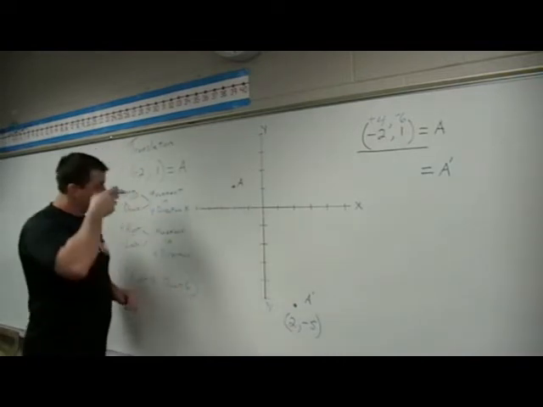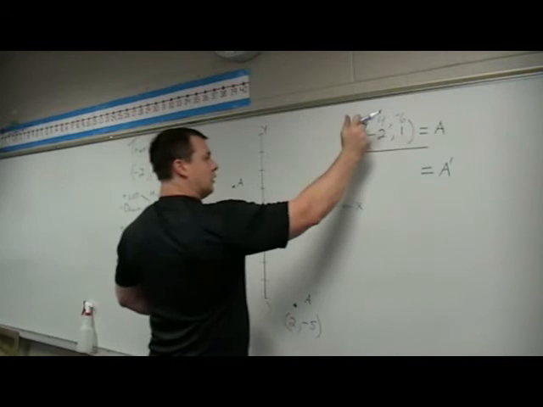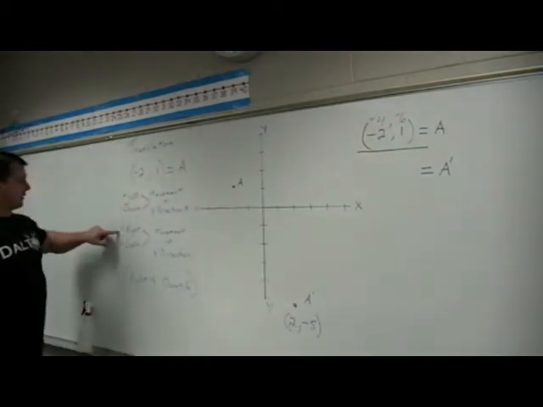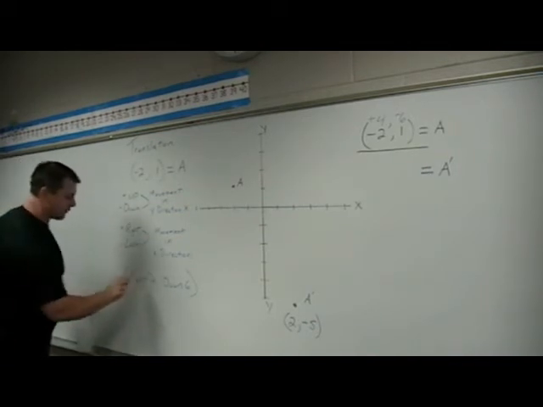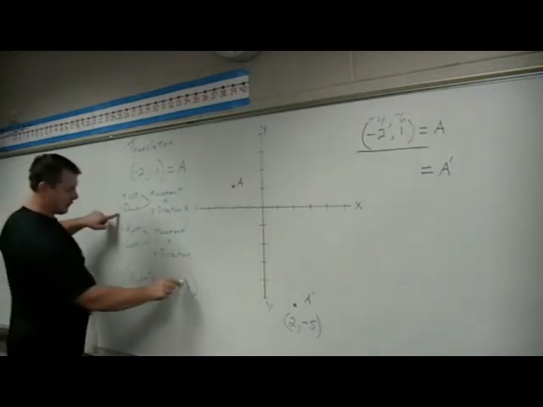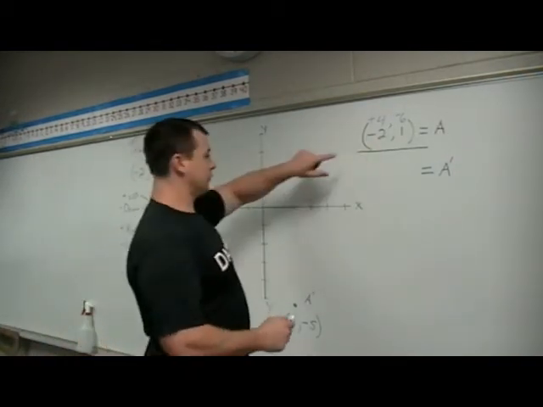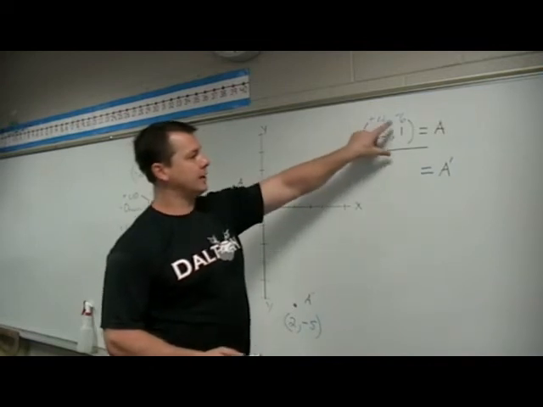All right. The other way is mathematically. Right here, we said up was positive, down's negative, right's positive, left is negative. So if we went 4 to the right, it's going to be a +4. Down is a negative. So we go over here, and we're translating -2, 1, 4 to the right, and 6 down.